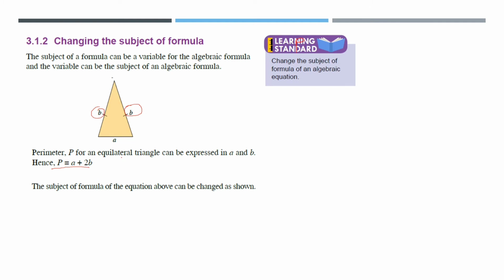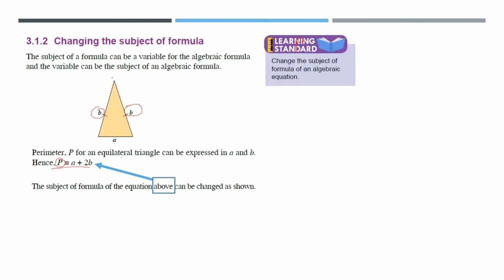The subject of formula of the equation above can be changed. The subject here is P. At first, the subject is P. The subject of formula here can be changed as shown.